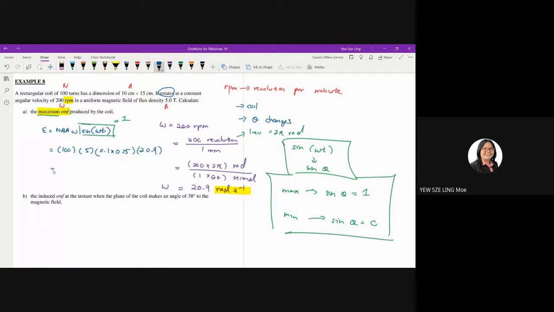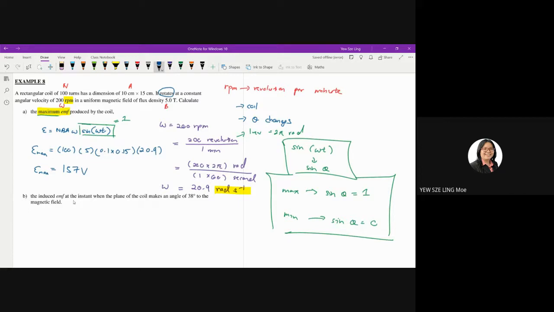So your EMF maximum, and I say maximum because I already assume sin ωt equals 1, is then equal to 157 volt.